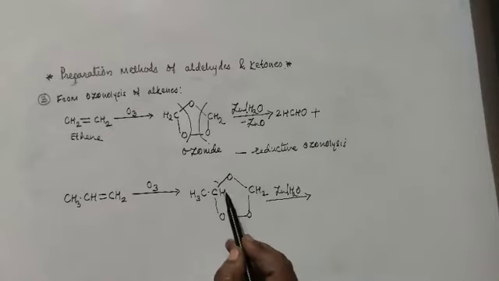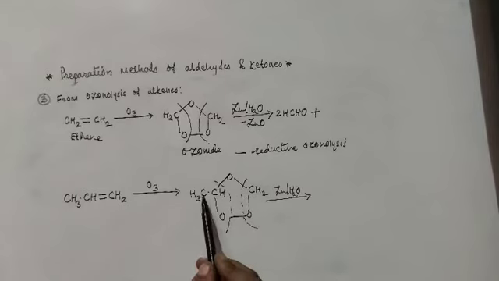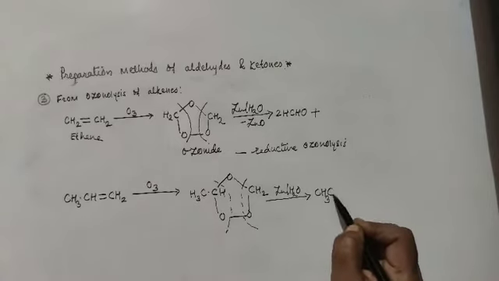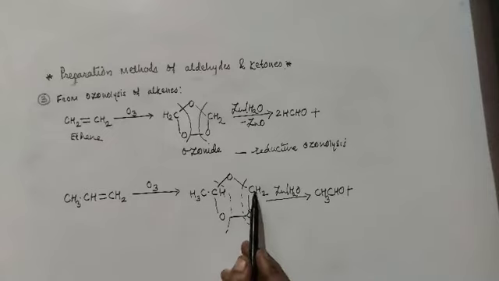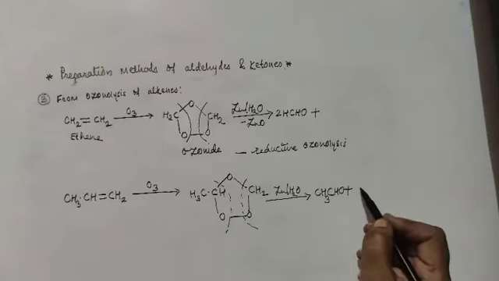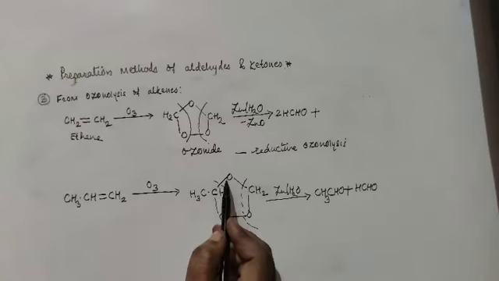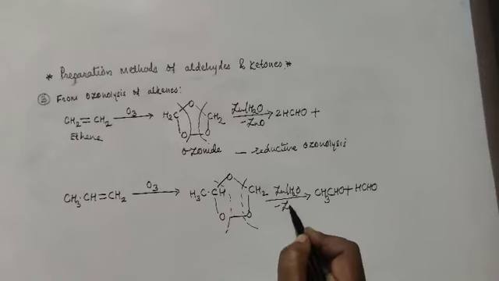The cleavage or breaking of this compound gives you the corresponding products. The first compound is CH3CHO, then one more is CH2O, that means HCHO, and this oxygen combines with zinc to form ZnO, zinc oxide.